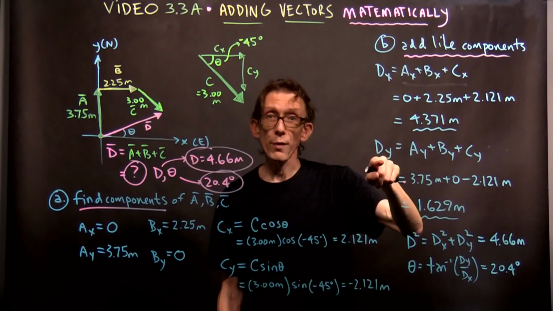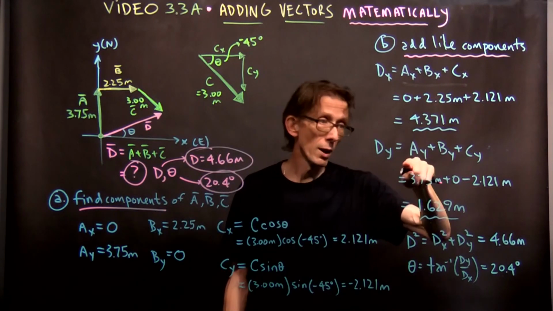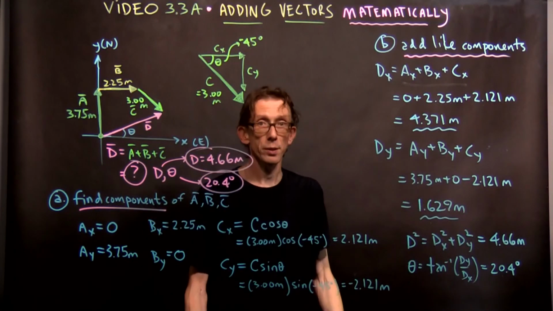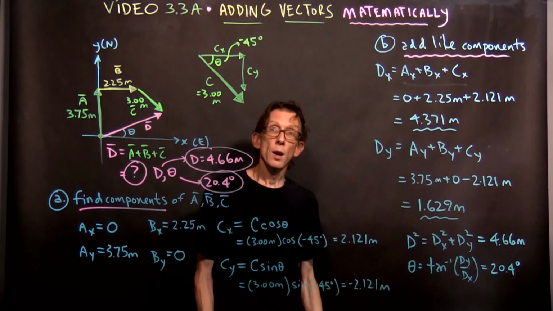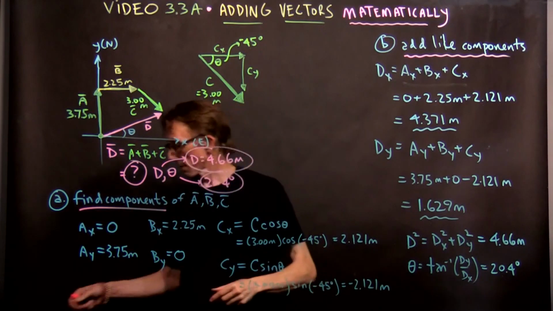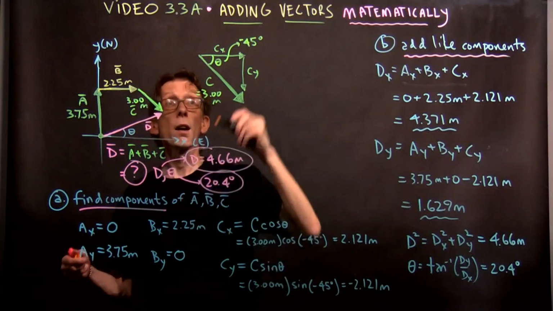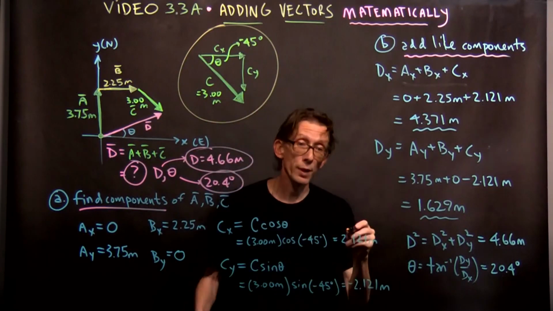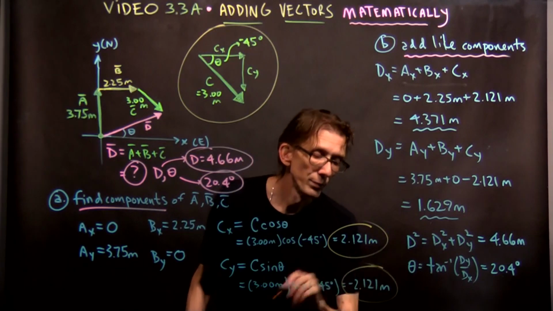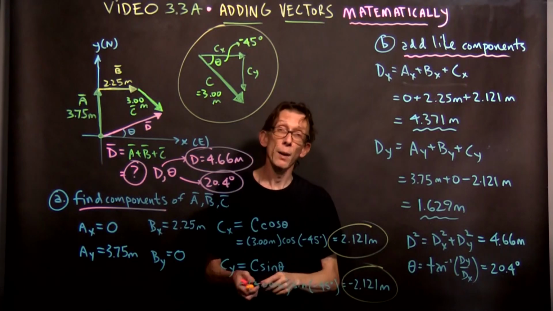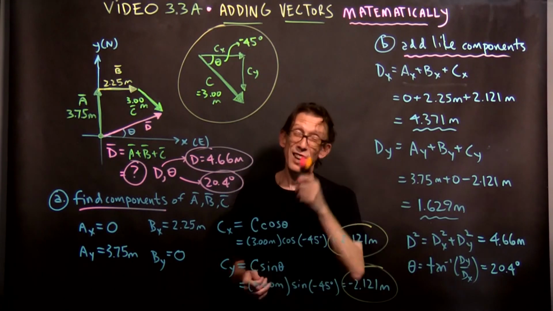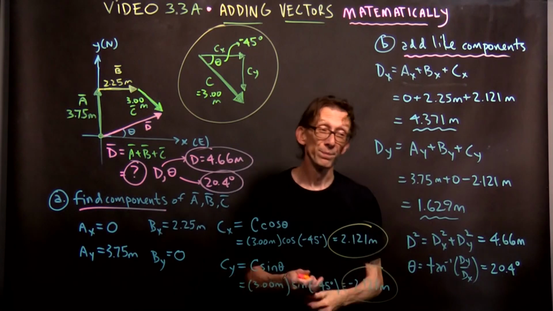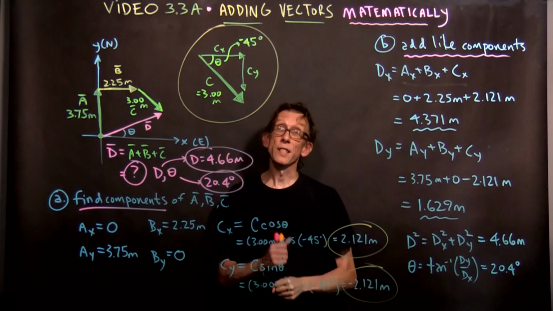The y component of your resultant is the straight arithmetic sum of the three y components. The trickiest part here might have been this. I acknowledge that. You need to understand where these numbers came from, here and here. You have plenty of chances to play with this in the homework. You'll be happy to find out. But that's it for that example.